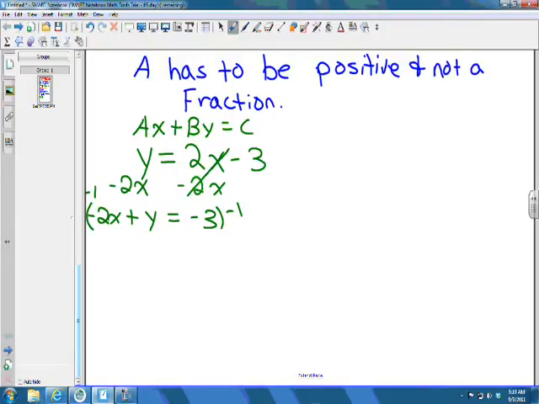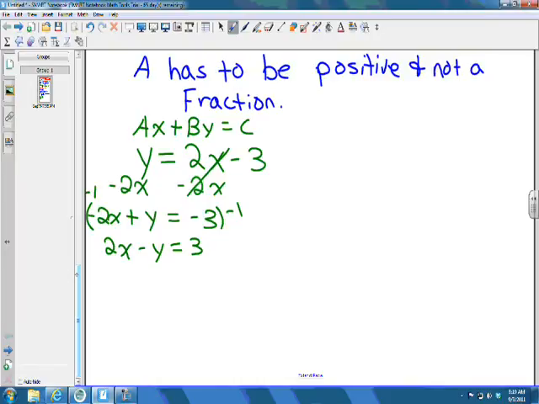So negative 1 times negative 2x, all it's going to do is change all the signs and make that positive 3. So make sure you do that final step. Once you get everything put in the right spot, make sure you divide or multiply by negative 1.